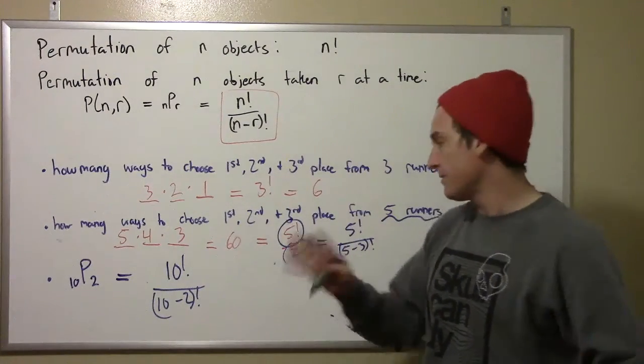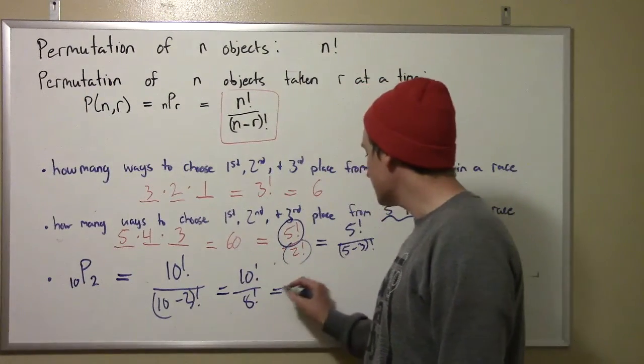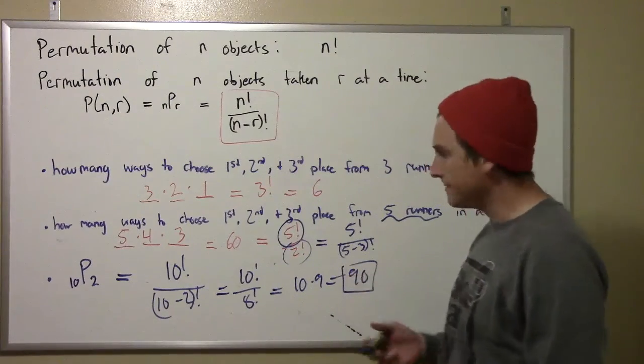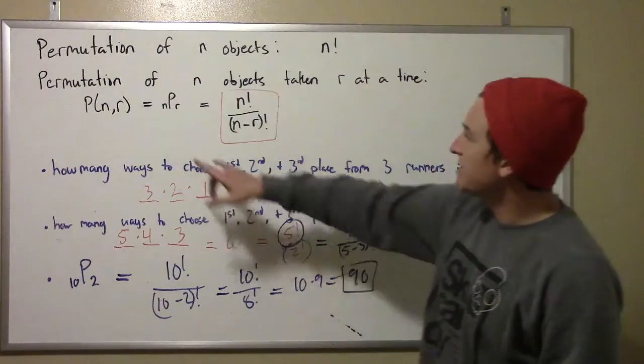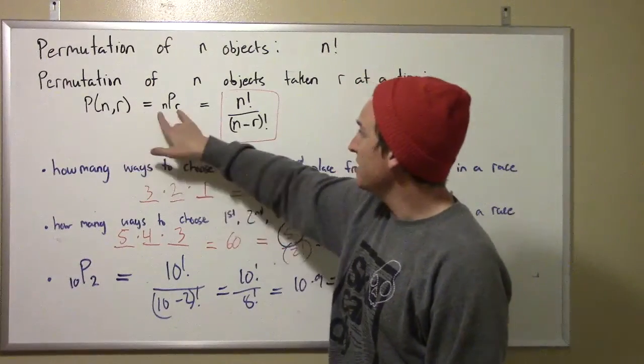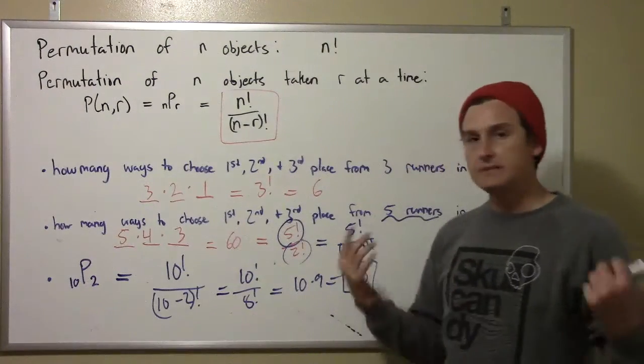So, again, that's 10 factorial over 8 factorial, which is 10 times 9, which is 90. So there's more than one way to represent it. You'll see this way or this way. The n is in the first position, and the r is in the second position. And this is the formula that represents that fundamental counting principle.